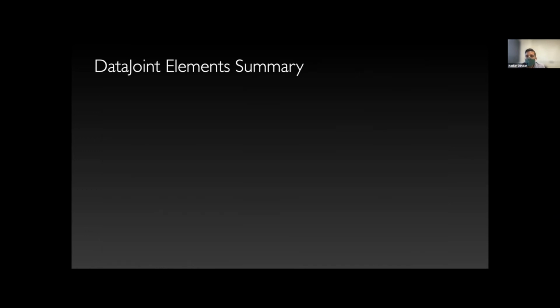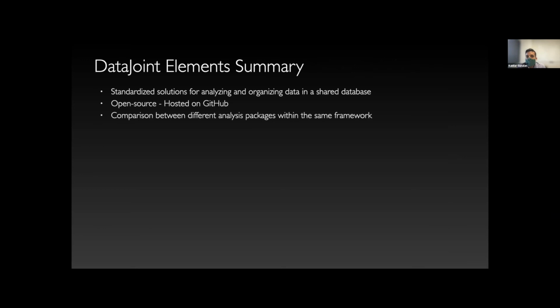Those are our DataJoint elements that build on top of the DataJoint framework to help neuroscience labs build DataJoint workflows. These are standardized solutions for analyzing and organizing data into a shared database. They're all open source, as I mentioned. They're hosted on GitHub, and they allow for comparison between different analysis packages within this one same framework.